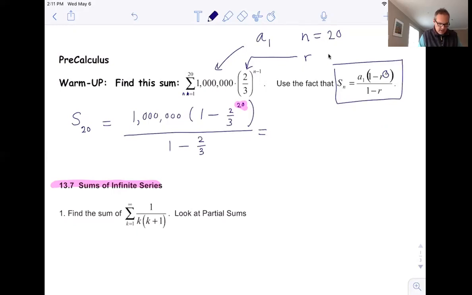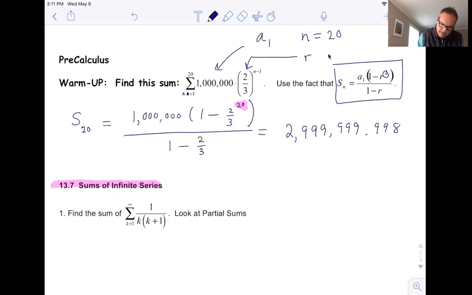So really you're dividing by 1/3. So be careful with your parentheses. And I get a number just under 3 million. It's 2,999,999.998. And guess what? That's the first 20 terms.